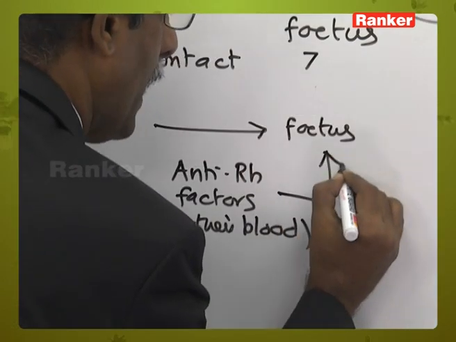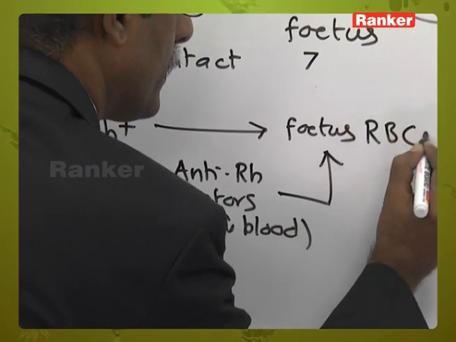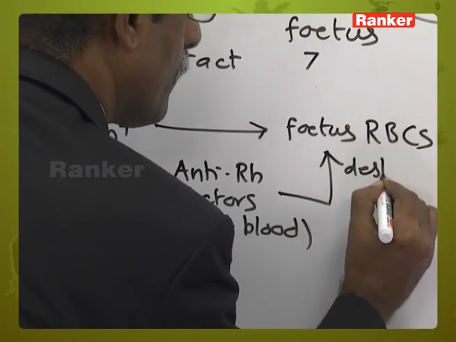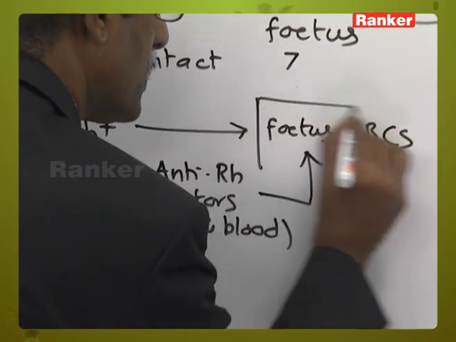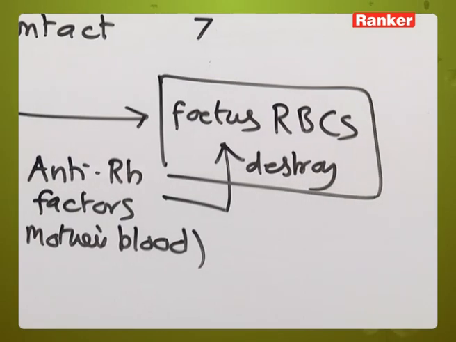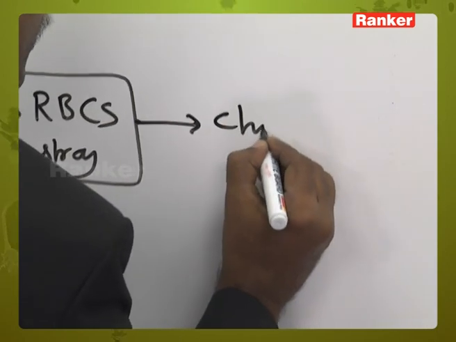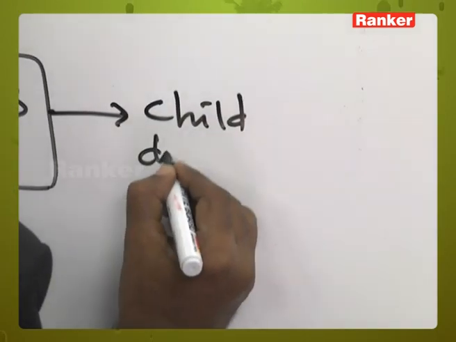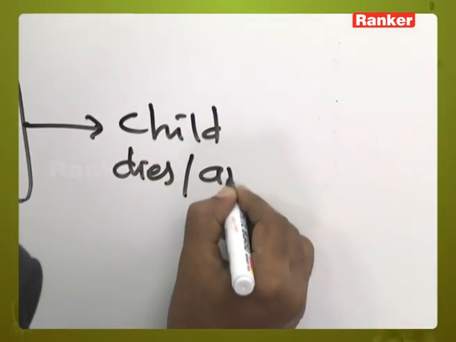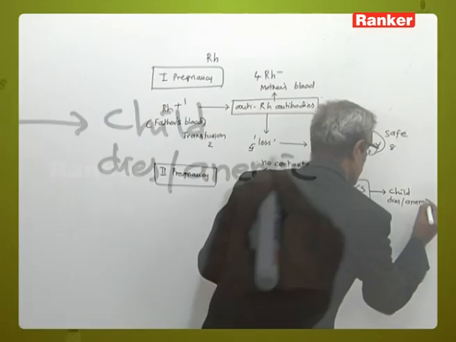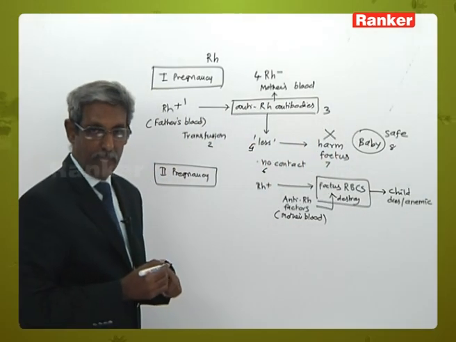They destroy the RBCs in the fetus, and thereby the child either dies or remains anemic due to oxygen deficiency.